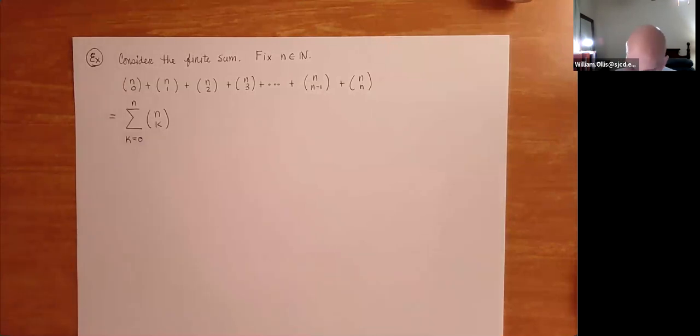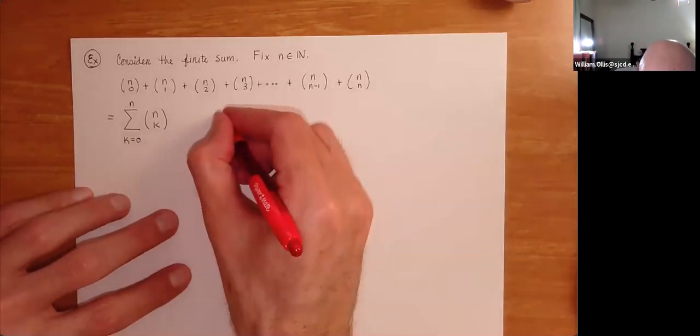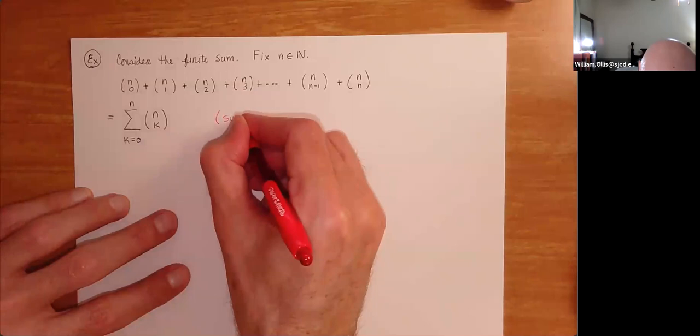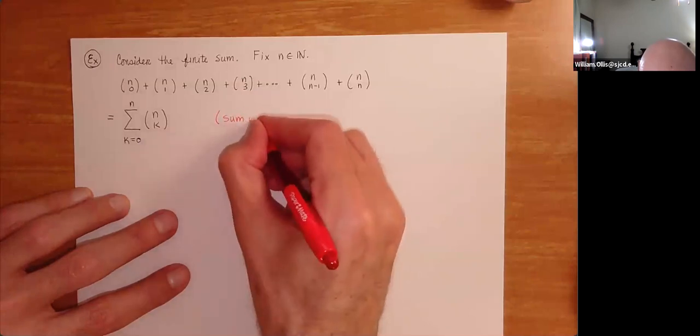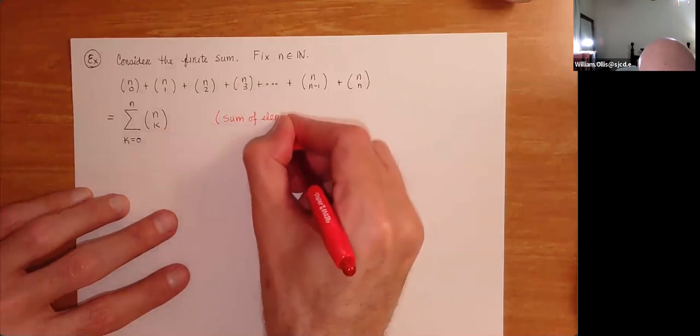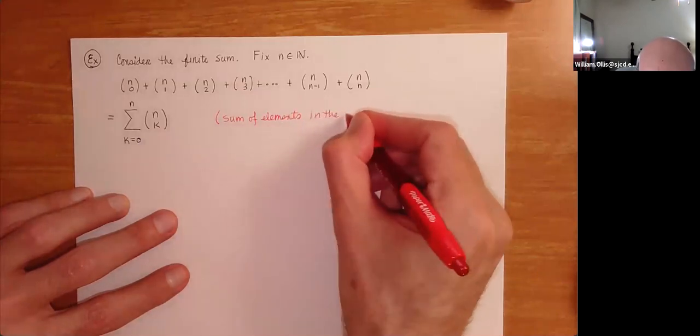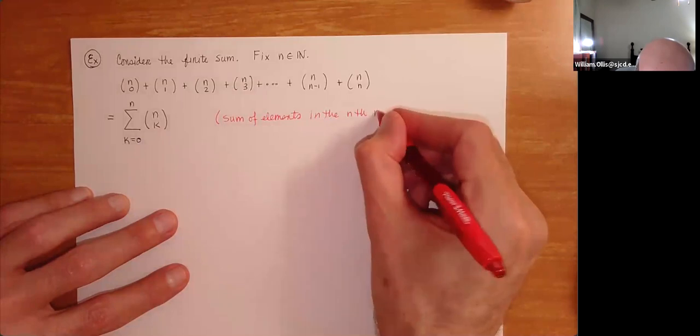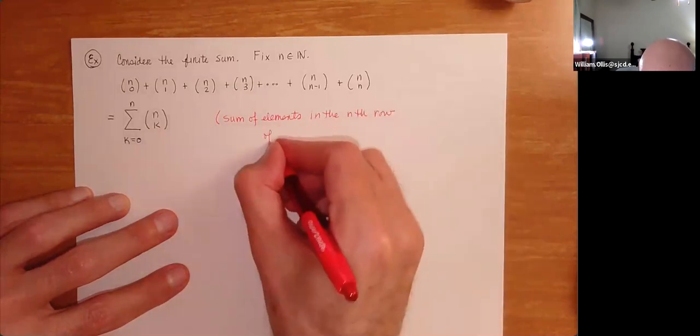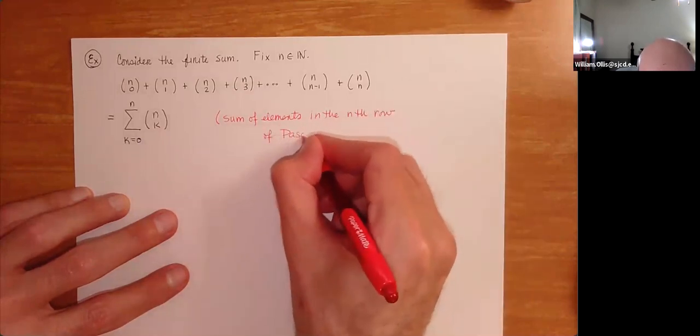So we can basically say this is the sum of elements in the nth row of Pascal's triangle.